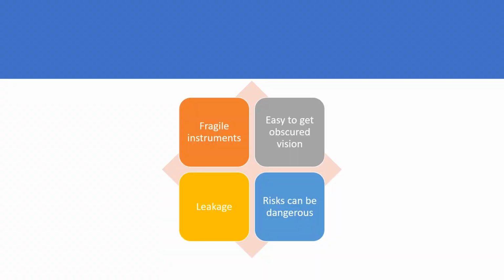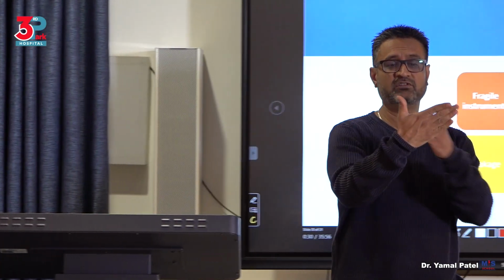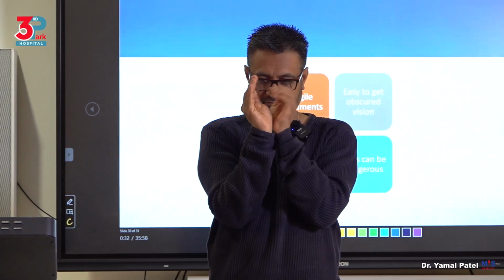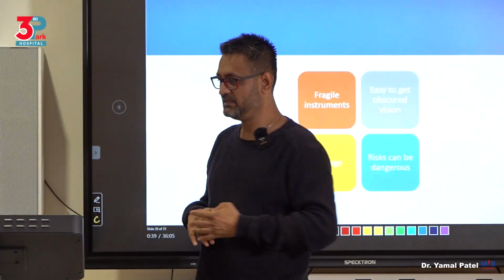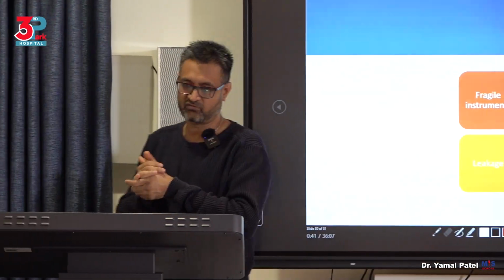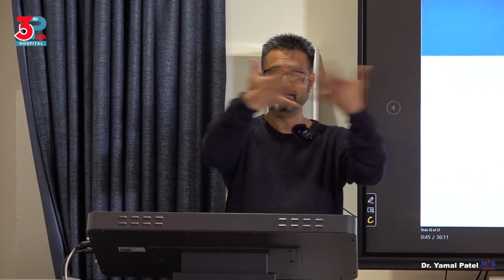It's very easy to get obscured vision. Something comes in front of the scope. It's a very narrow cavity. A blood flake or bleeding happens and your view is gone. So it's not easy to work in hysteroscopy with vision that is blocked. Even if there's a bleeder in there, you will suddenly see a red round flag.